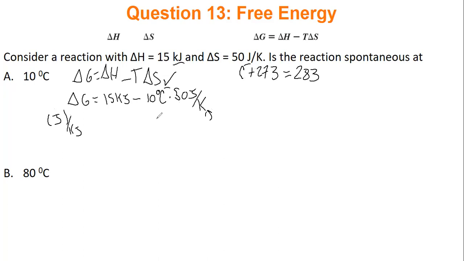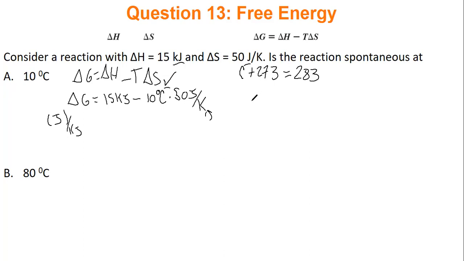And when you add or subtract stuff, they have to be in the same units. Like, I can't say I have 5 marbles and subtract 2 pennies from those marbles. That makes no sense, right? When you add and subtract stuff, they have to be in the same units. You can multiply different units, but not add and subtract different units.